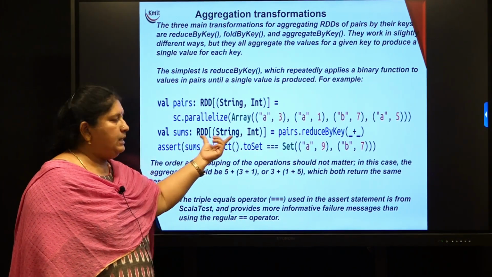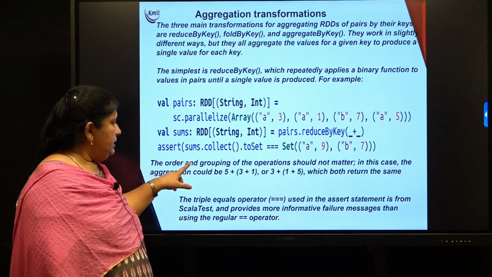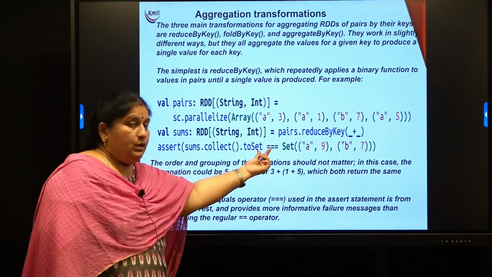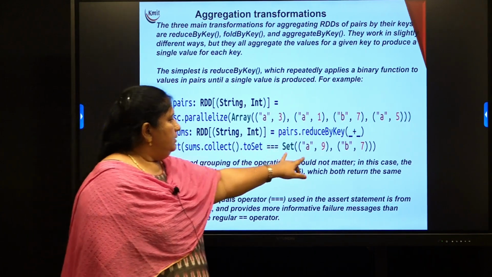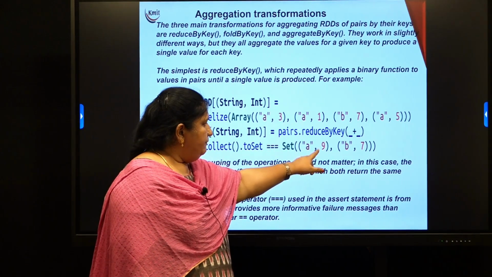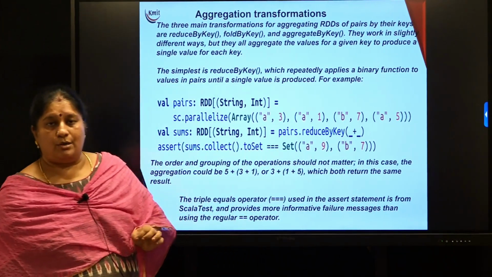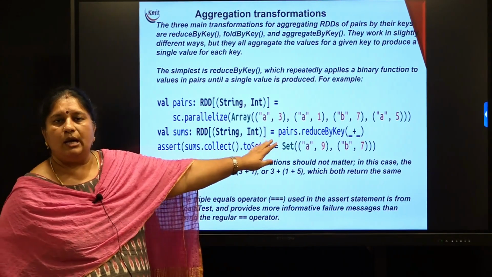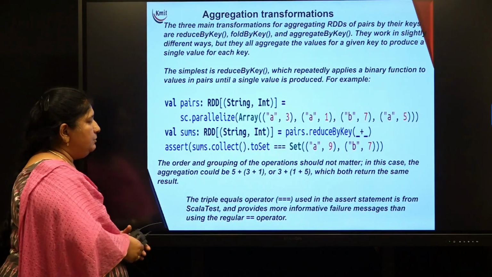Whatever it is returning, it is an RDD. Then you are trying to ascertain from sums.collect toSet triple equal to, I will talk about this triple equal to, whether it is a set with key A, value 9, B as key and value 7 or not. You are asking the Spark engine to ascertain whether this is the output or not.